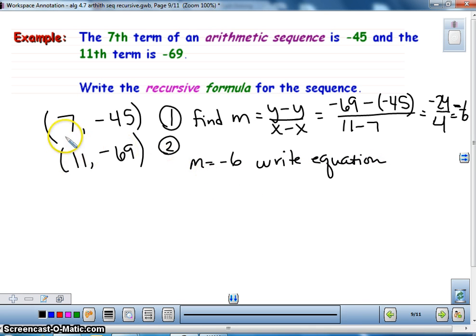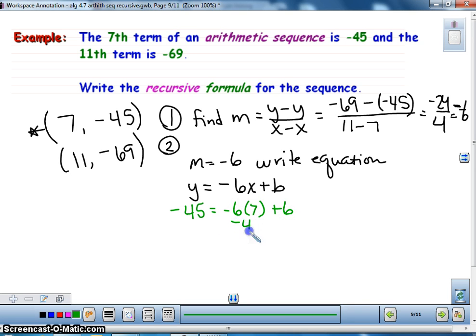So, picking one of our y and x points, and in this case I'm going to use the first one, the 7, negative 45, and I'm going to replace it in my formula, y equals negative 6x plus b, and solve for b. So I am substituting in, and as I do that, I'm putting my y as negative 45 equals negative 6 times 7 plus b.